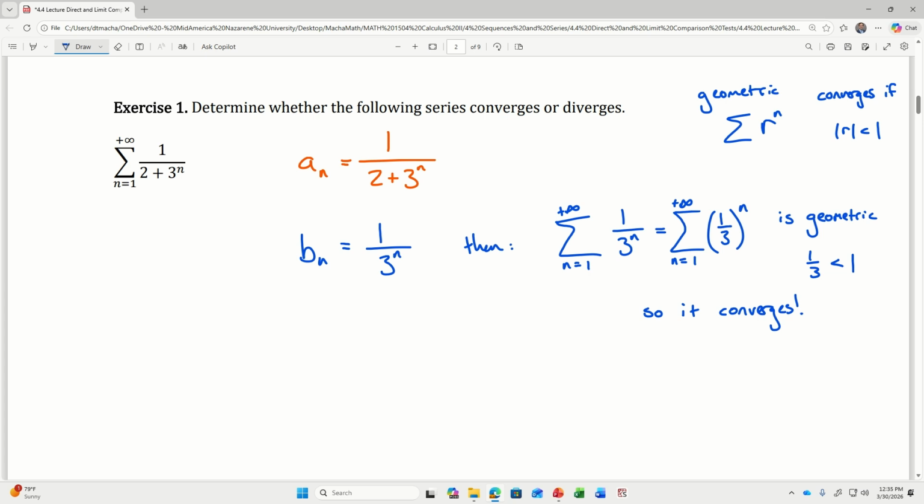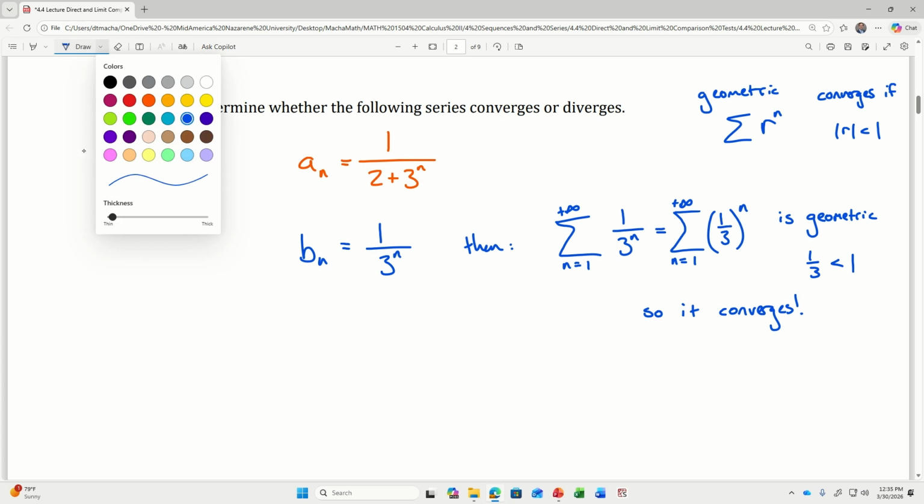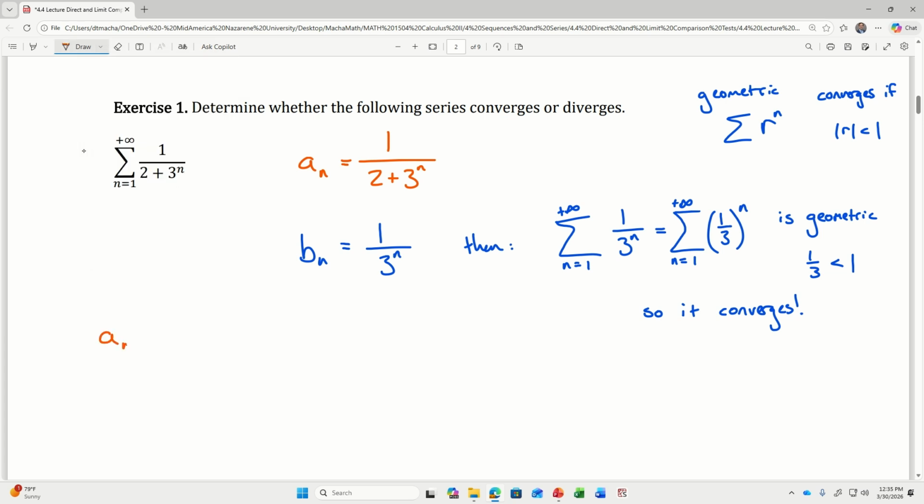However, that is just the series that I selected. We determined that the series I chose is a convergent series. To use the direct comparison test, we also have to show that every term an is less than the corresponding term bn. So we write an is less than bn because 1 over 2 plus 3n is always less than 1 over 3n.